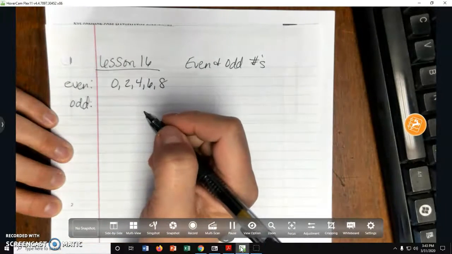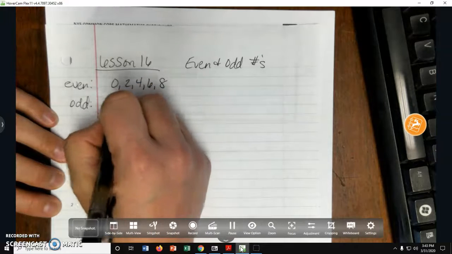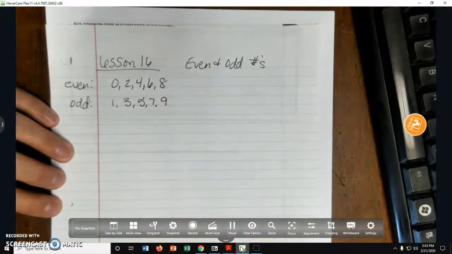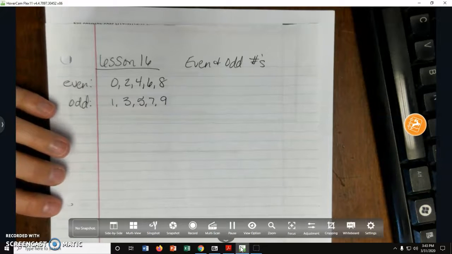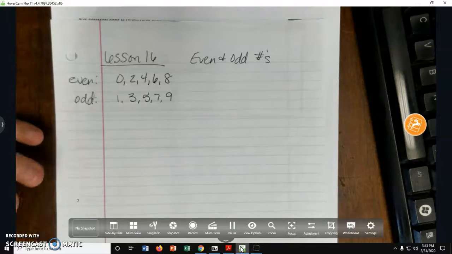Then we are asked to list all of our odd numbers. We know all of our odd numbers end in a 1, 3, 5, 7, or 9. We know that this is super easy, but because of these rules, we're able to make a lot of rules as we go forward using these two basic principles.